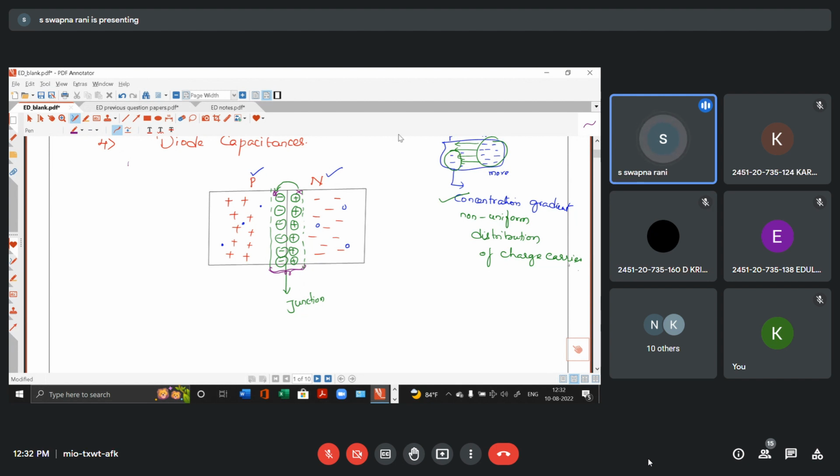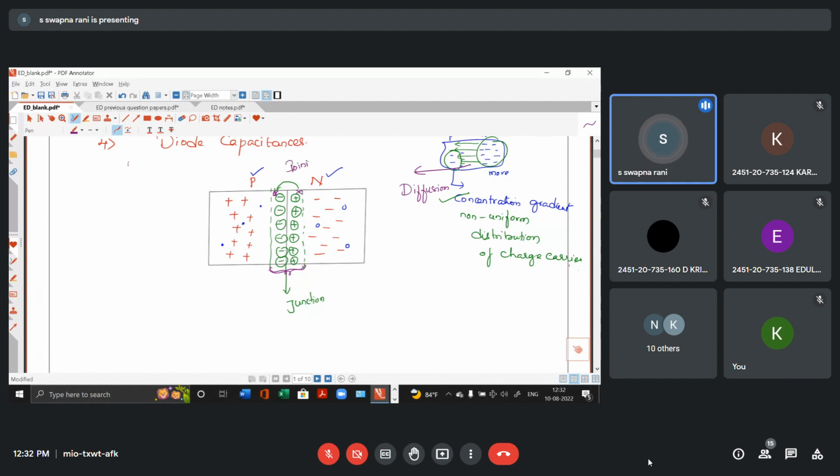This process is called diffusion. Diffusion means movement of charge carriers from a high concentration region to a lower concentration region. Because of this diffusion, an ionized region is formed.